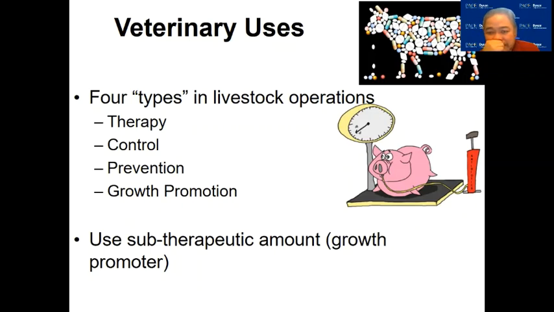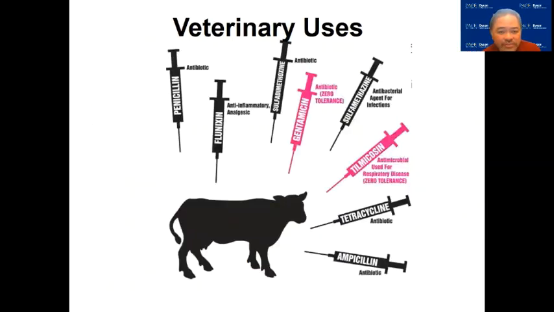The reason why it is used is still debatable, but they say it has something to do with improvement of the microorganisms in the gut of the animal, which makes growth faster. There are still a lot of theories on how it is effective as a growth promoter.